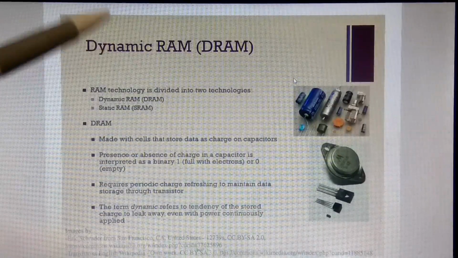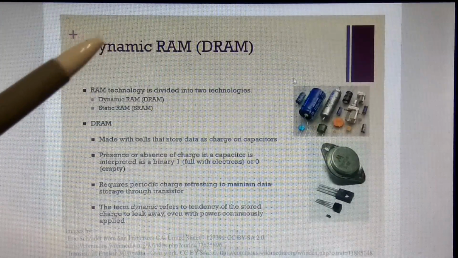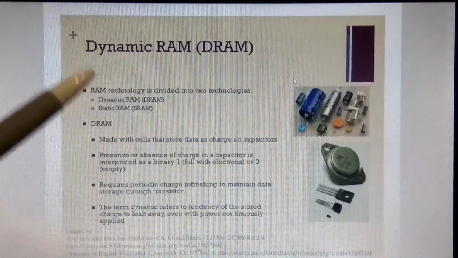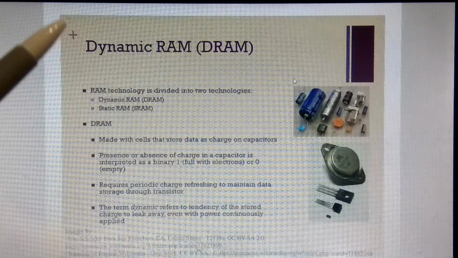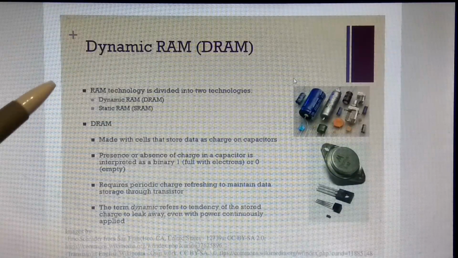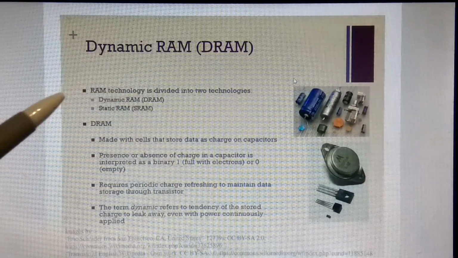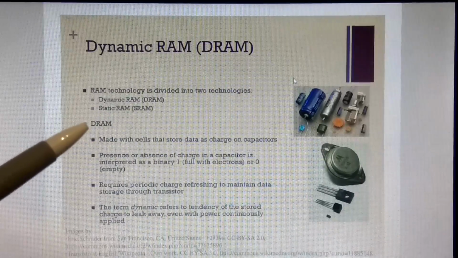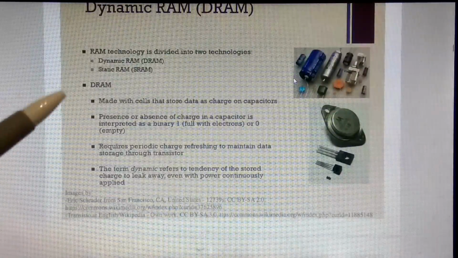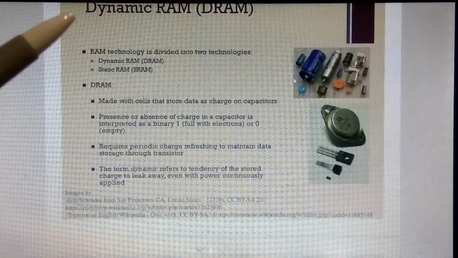In the next slide, we will discuss the dynamic random access memory, which will be simplified as DRAM. Random access memory technology is divided into two technologies, which are dynamic and static. The dynamic random access memory, DRAM, is made with cells that store data as charge on capacitors.